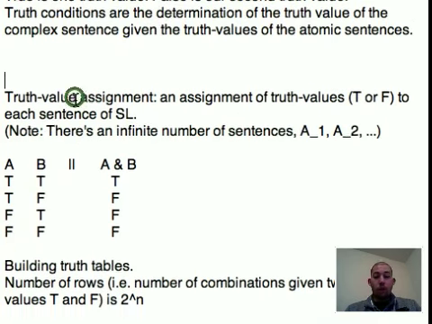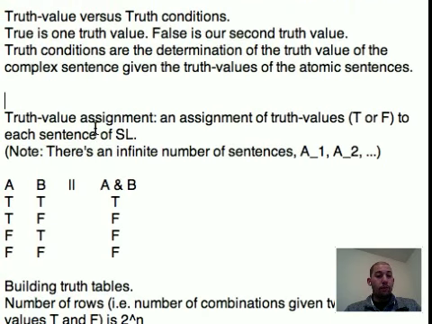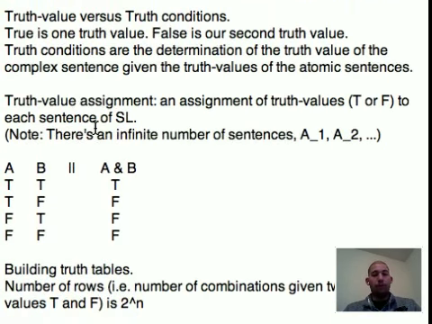There's another concept that we call a truth value assignment, and that is intuitively what I just called a particular condition. One truth value assignment you can think of as a row in the truth table. If we have two sentences, A and B, then one truth assignment is to have A be true and B be true.